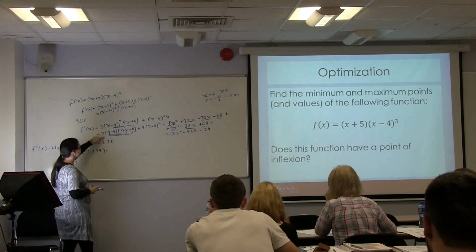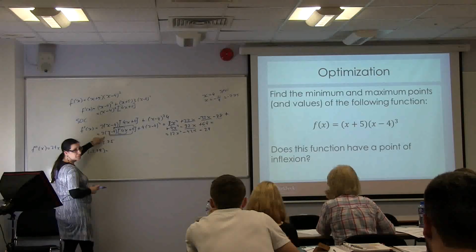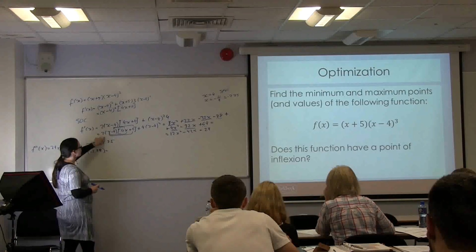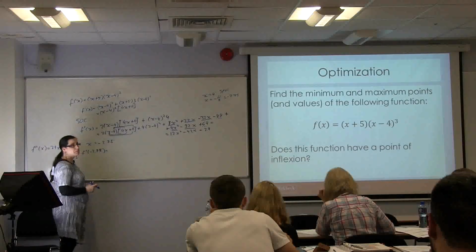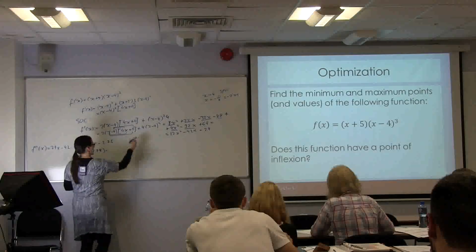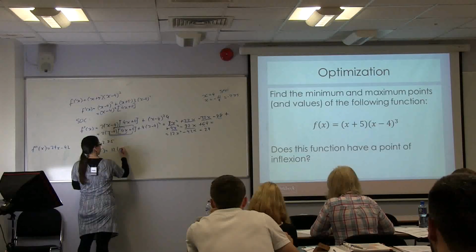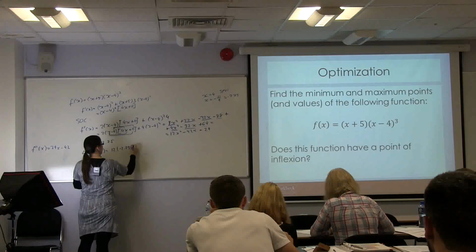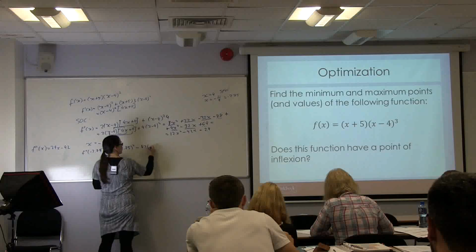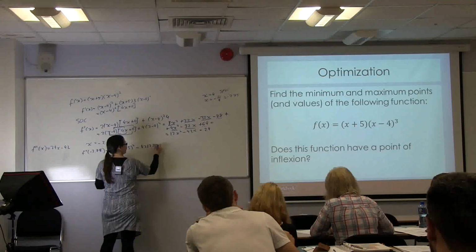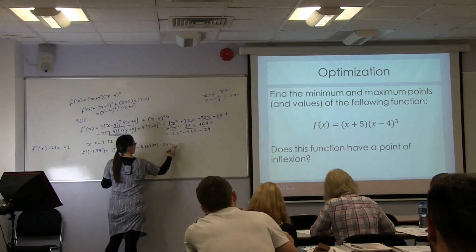Okay, which one should we plug into? This one or that one? Okay, let's go for this one then. So 12 times minus 2.75 squared minus 42 times minus 2.75 minus 24.